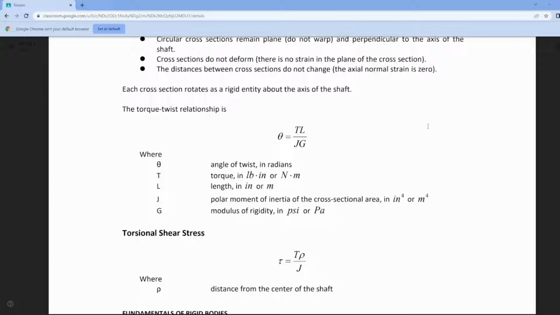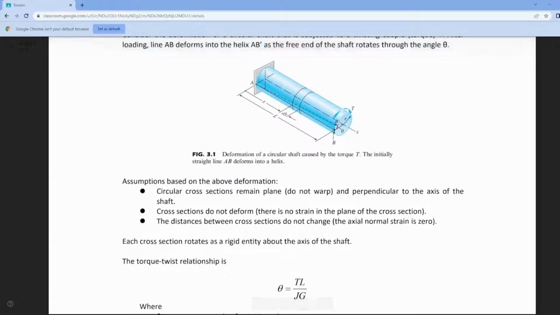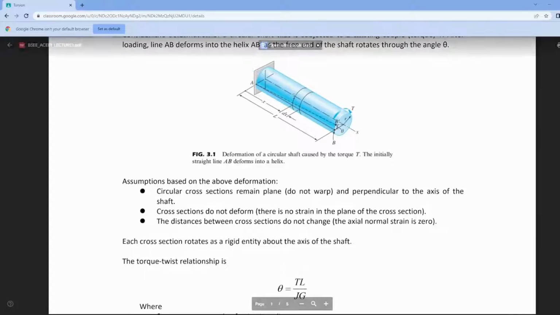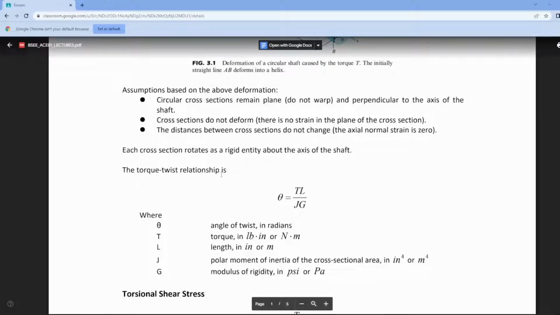Now, each cross-section rotates as a rigid entity about the axis of the shaft. If you notice, at point B this is the rotation, and somewhere in the middle it is smaller. So, the torque-twist relationship is this.